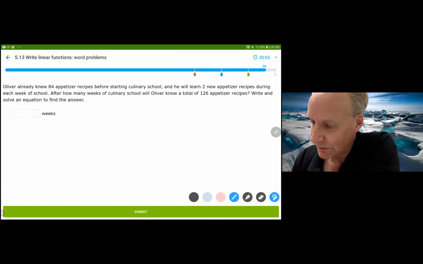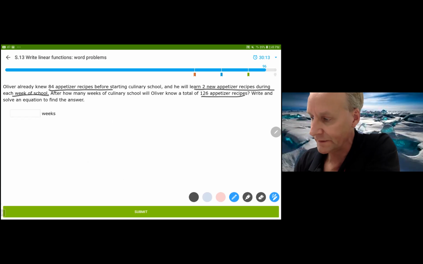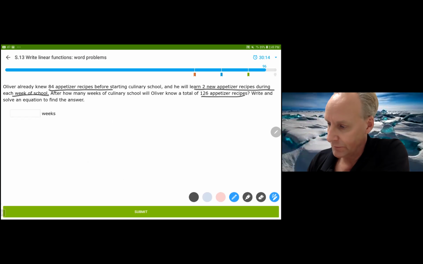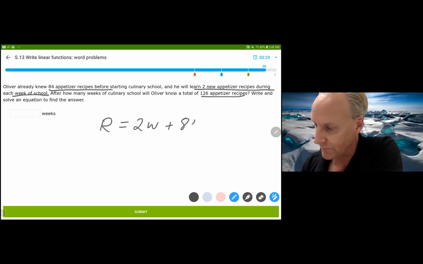Okay, Oliver already knew 84 appetizer recipes. He's going to learn 2 new ones during each week of school. And he wants to know 126 altogether. So the number of recipes, shall I use R? I guess R. Recipes, or I could have used A for appetizer, is equal to 2 each week plus his original 84.